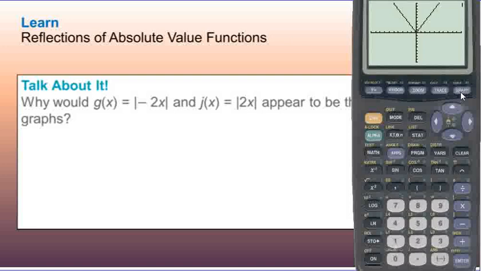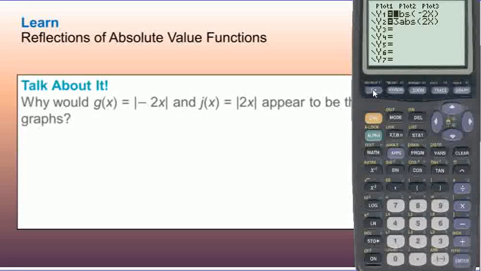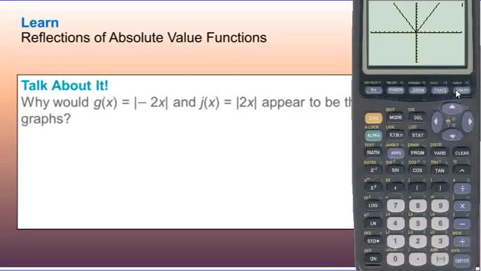There's the first one. Here's the second one. Let me go back to y equals, let me get rid of this 3 here. There, and then here's the first one, and here's the second one. You'll notice you didn't see the second one because it's the exact same one. So for the absolute value, they are going to look similar with that.